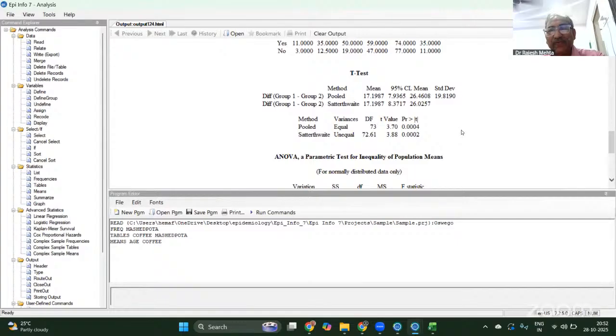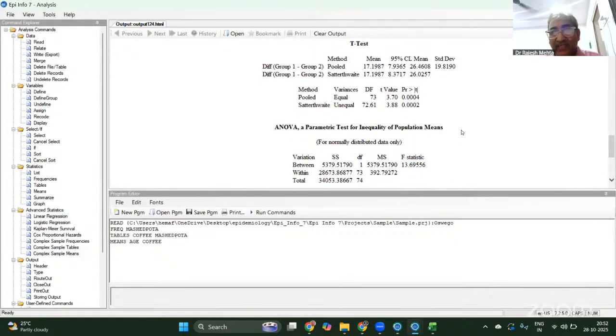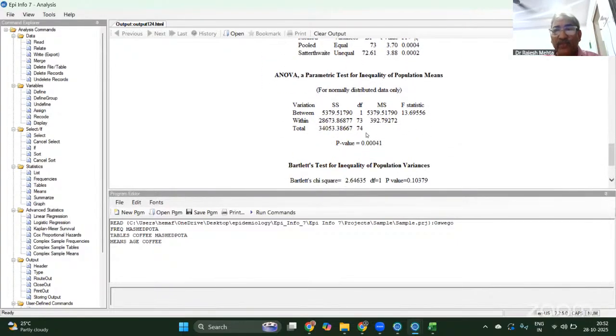If you look at the p-value for coffee versus age, it is 0.0041. Here the F test, ANOVA, is used. It's a significant difference. Older people prefer coffee more compared to younger people. This is how we can use Epi Info. We have seen the Frequency command, Tables command, and Means command.